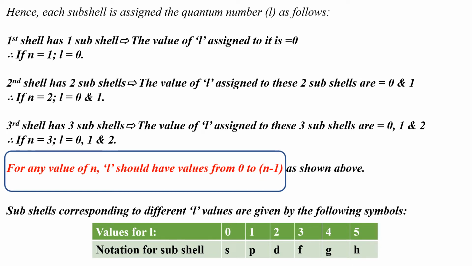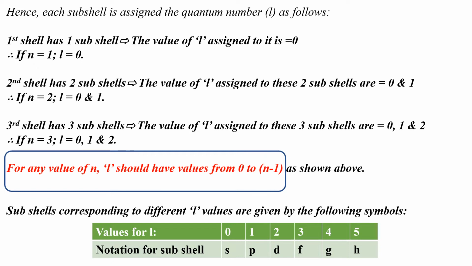Therefore, if n equals 1, L should be 0. Now, second shell has 2 subshells. The values of L assigned to these 2 subshells are 0 and 1. So, if n is equal to 2, L can be 0 and 1. Now, third shell has 3 subshells. The values of L assigned to these 3 subshells are 0, 1 and 2. So, when n is 3, L can be 0, 1 and 2.